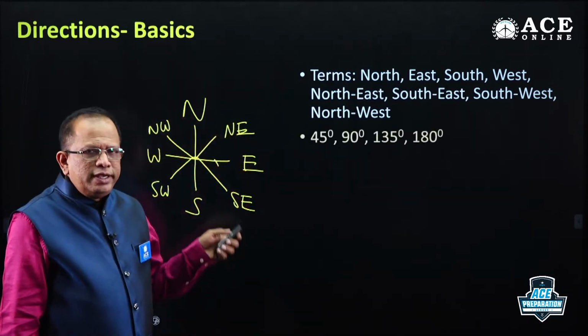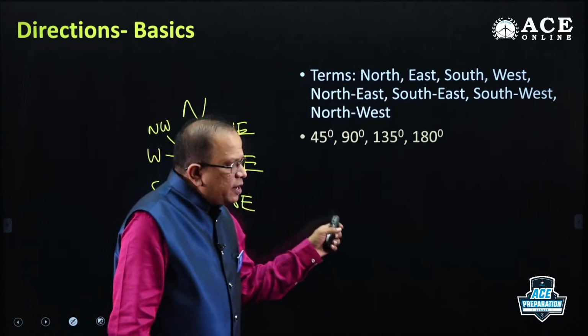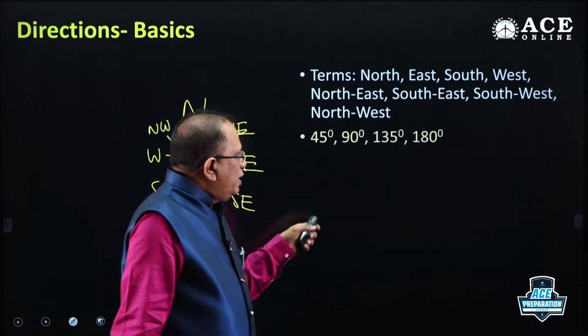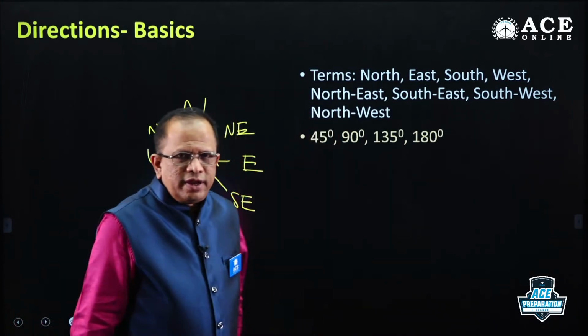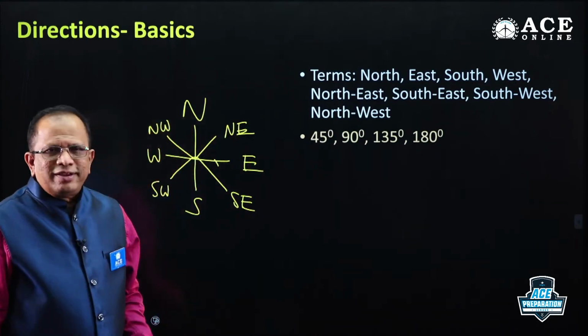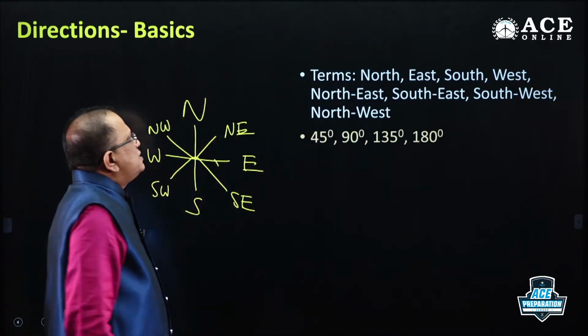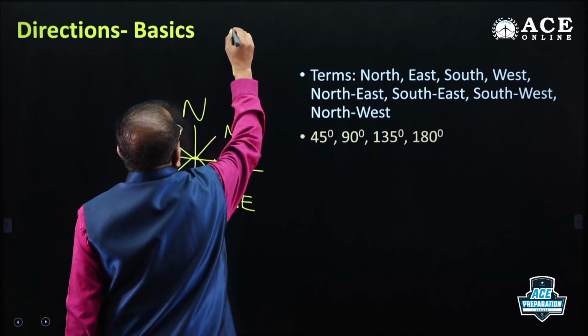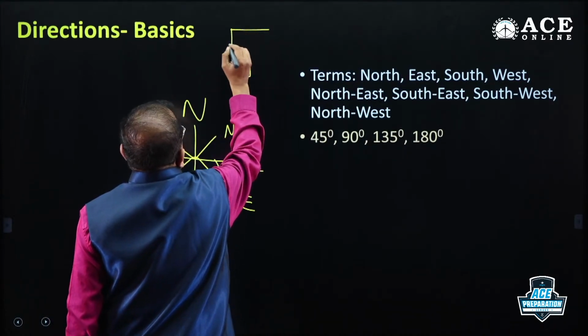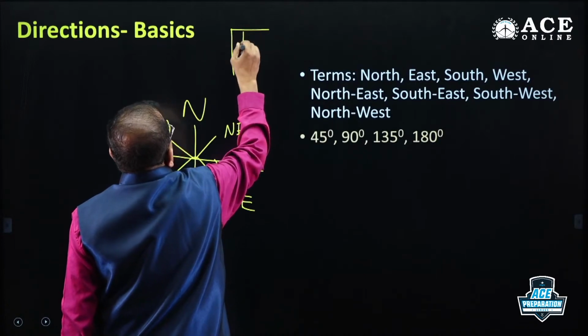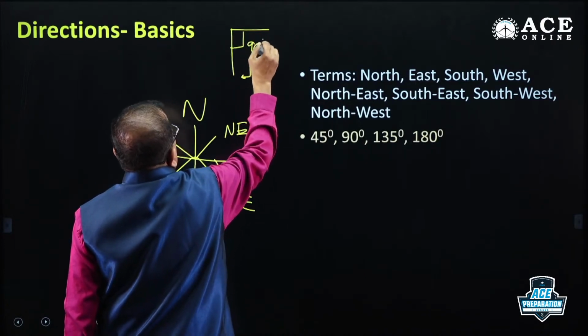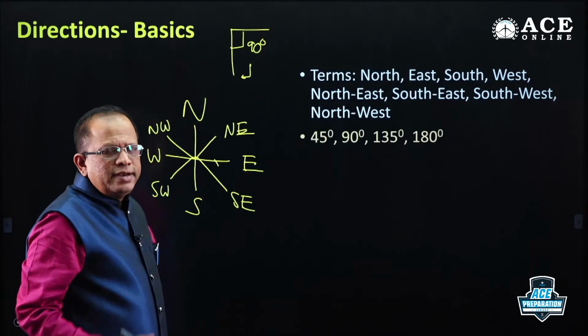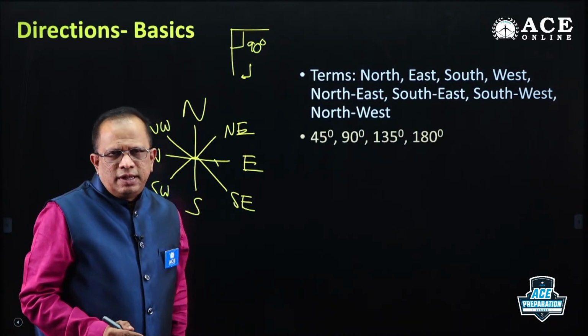Then what about these degrees? 45 degree, 90 degree, 135 degree, 180 degree. All of you are familiar with these kinds of angles. Now, if I am taking a right turn, what is the angle here? The angle here, by default, we consider as 90 degrees.